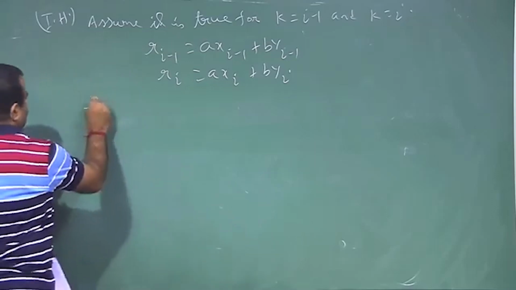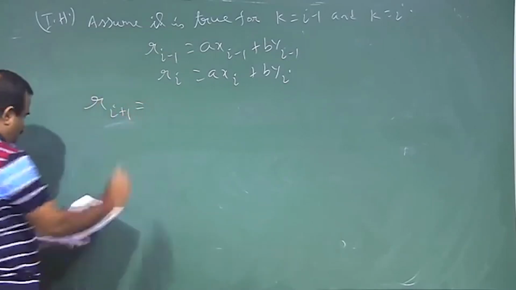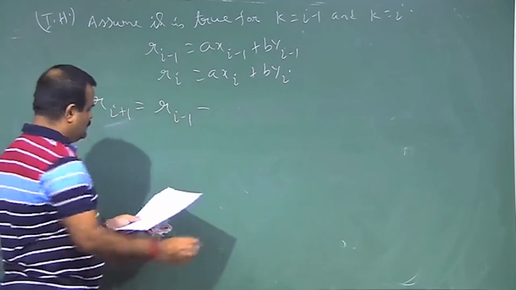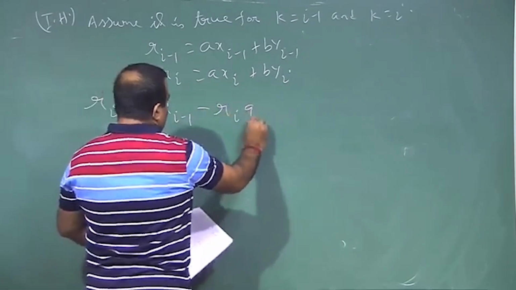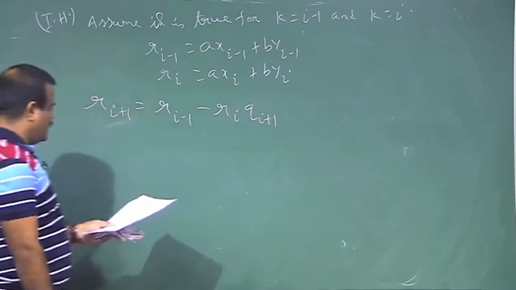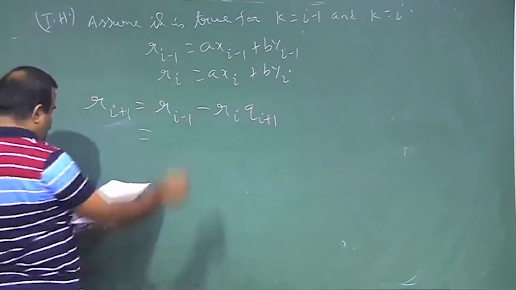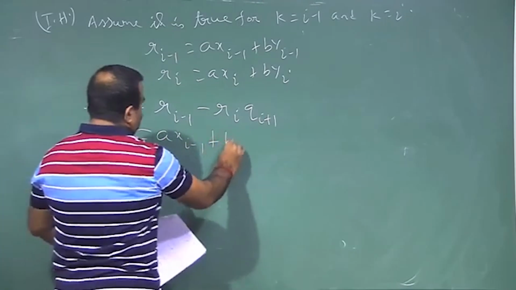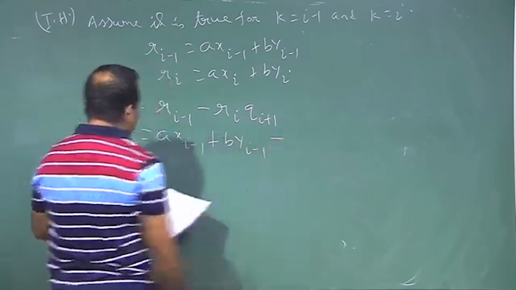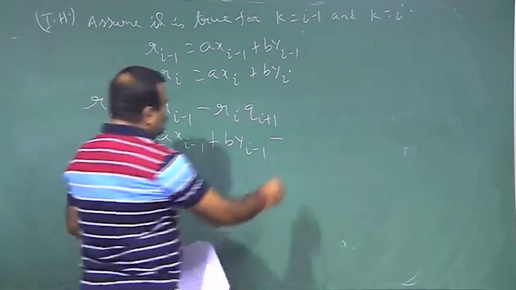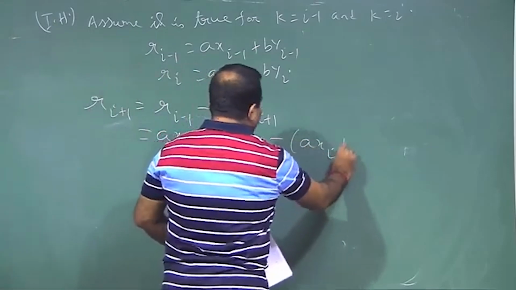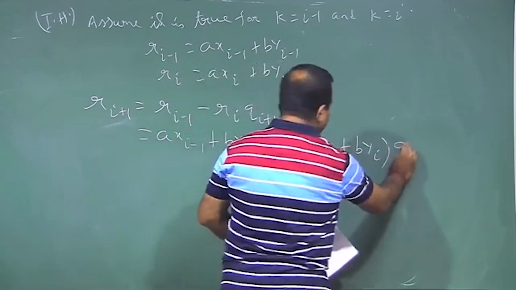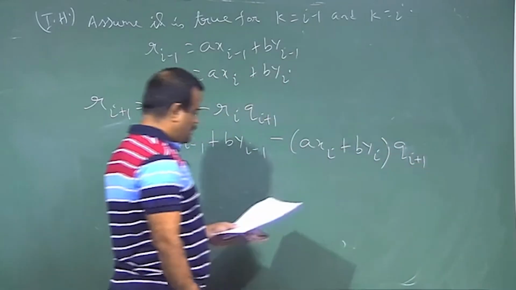So, for k equal to i plus 1, what is r i plus 1? r i plus 1 is basically r i minus 1 minus r i q i plus 1. Now we put the values in. So, this is a x i minus 1 plus b y i minus 1 minus (a x i plus b y i) times q i plus 1.